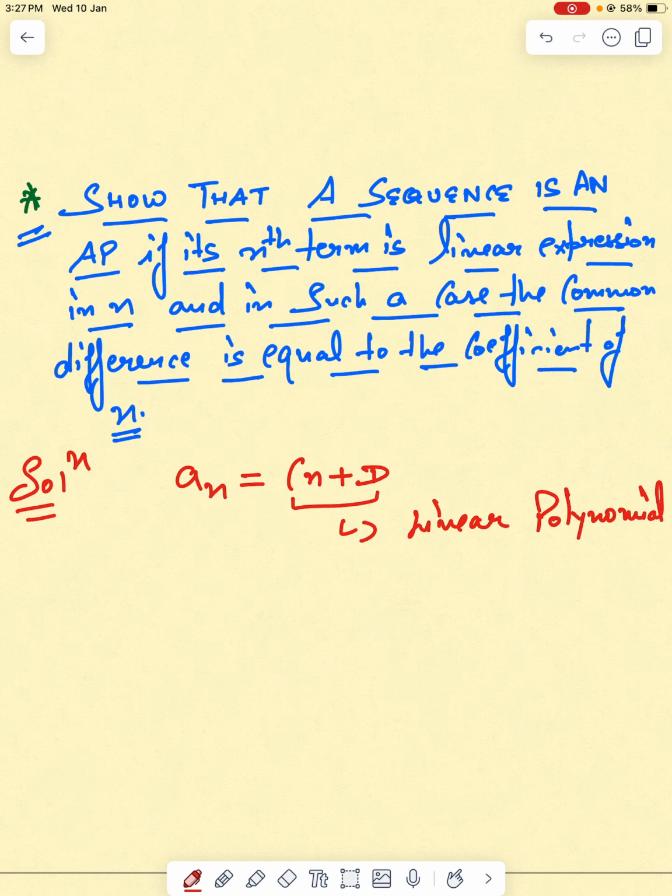We already have a chapter on the polynomial. So this is your polynomial in n, which is a linear polynomial, as it has an order of 1.